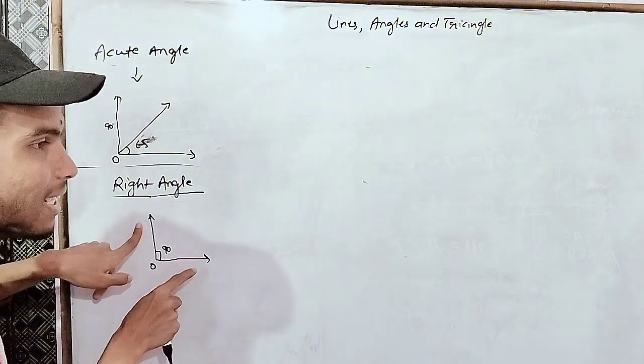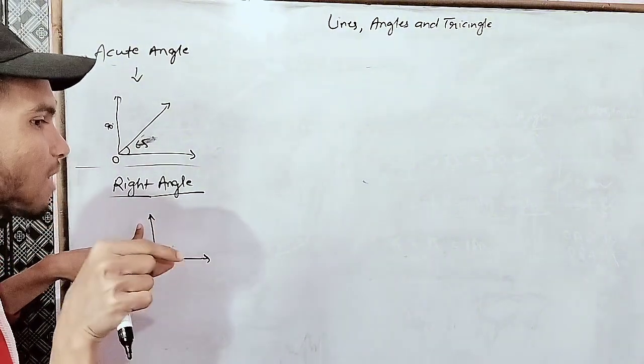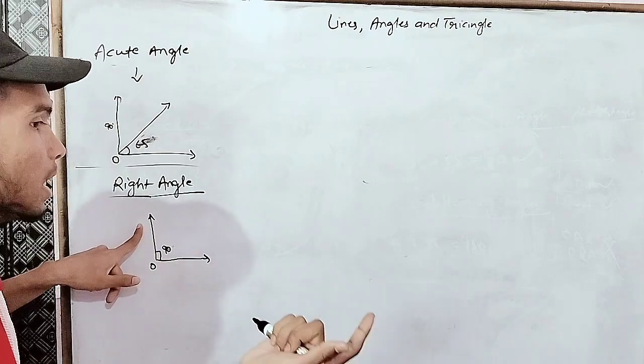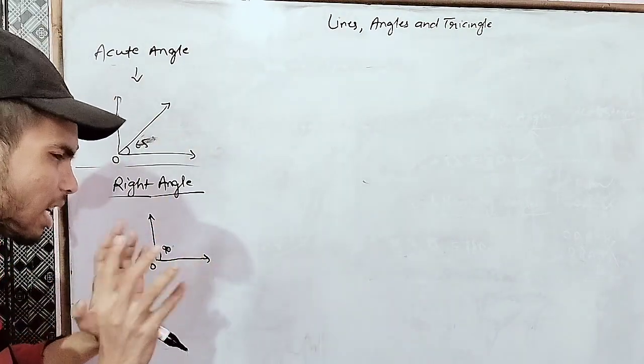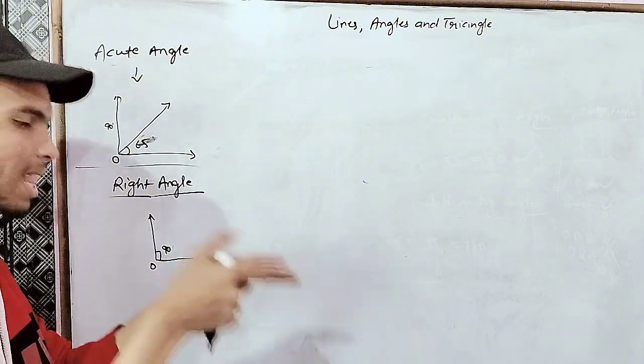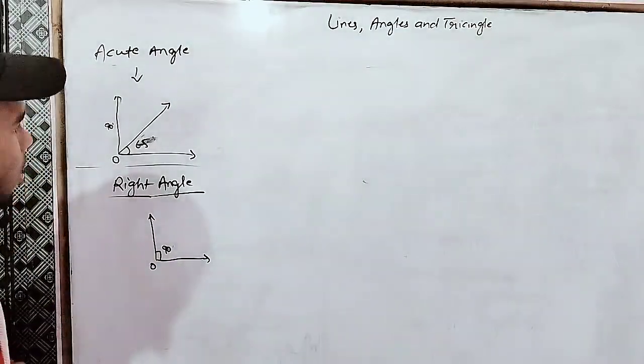That's why 35 degree can be named as an acute angle. So here we are naming each angle. Here we are understanding the names of angles.